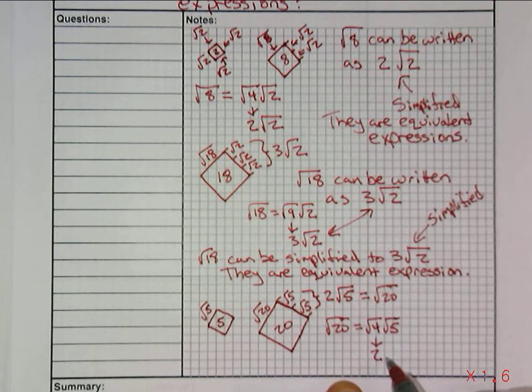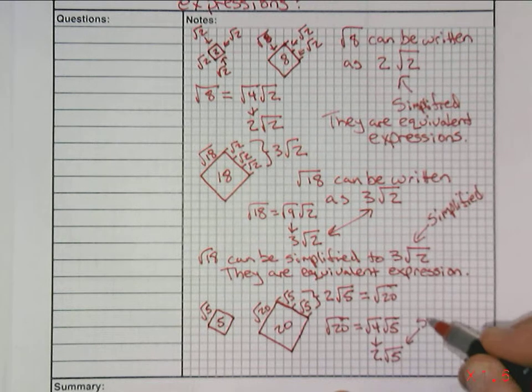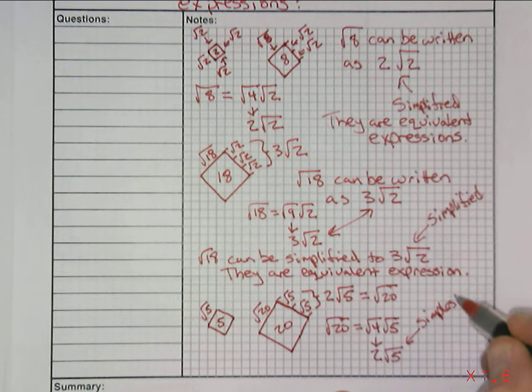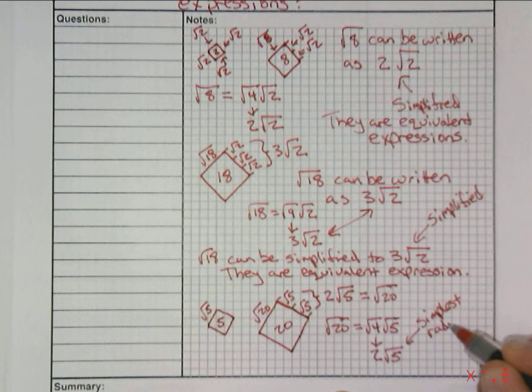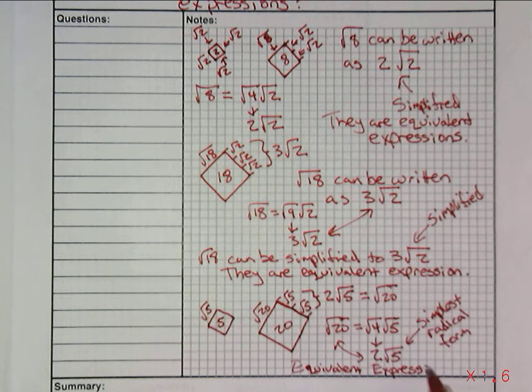I don't know what the square root of 5 is exactly, so I just leave that alone as the square root of 5. And so now what I have is the simplest radical form, and what I have is equivalent expressions. So two ways to write the same thing.